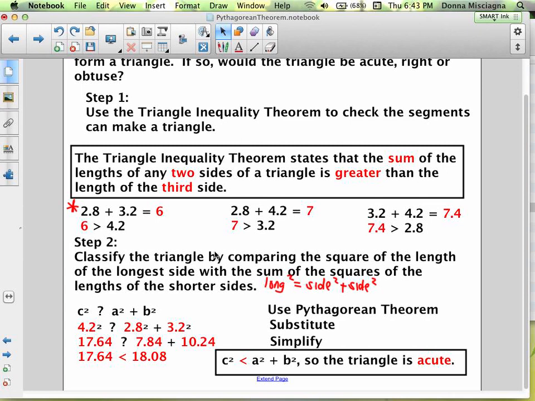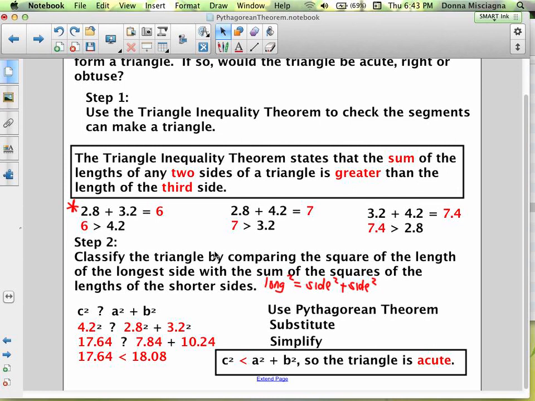So we're using the Pythagorean theorem: 4.2 squared versus 2.8 squared plus 3.2 squared. 4.2 squared is 17.64. 2.8 squared is 7.84, and 3.2 squared is 10.24. Now we check to see if 17.64 is less than, greater than, or equal to 7.84 plus 10.24.